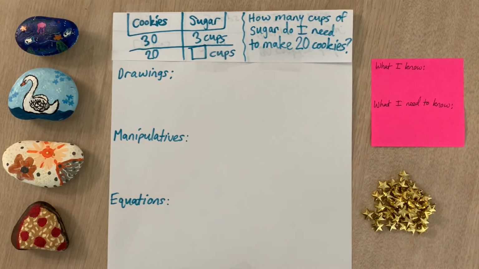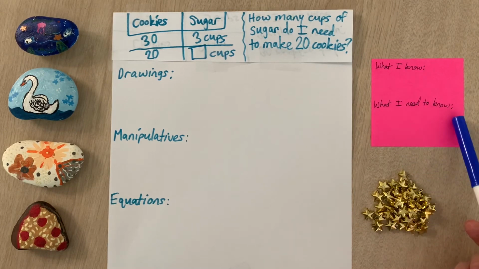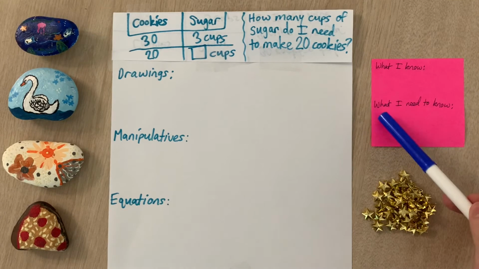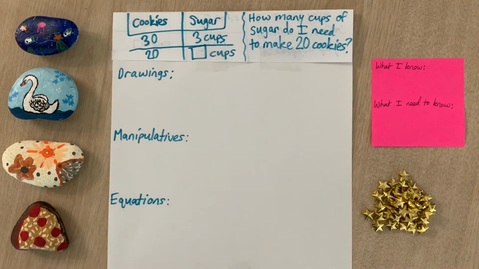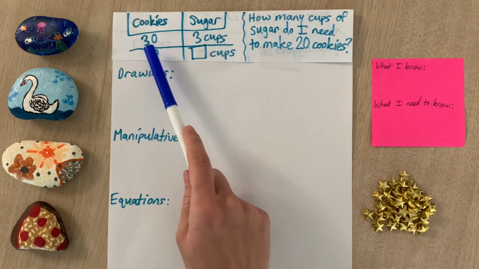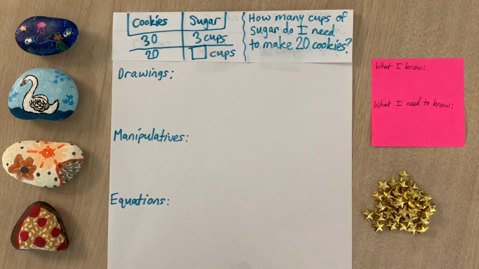Okay, so let's start by writing down what I know with some space in between, and what I need to know with some space. So on your piece of paper, you can write down what I know and what I need to know. And I'll let you pause the video to do that. All right, so for what I know, let's look. Well, we know that 30 cookies would use 3 cups of sugar.